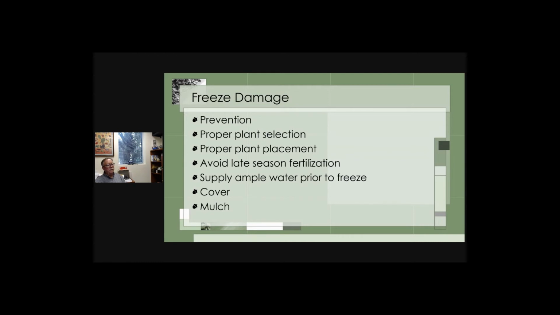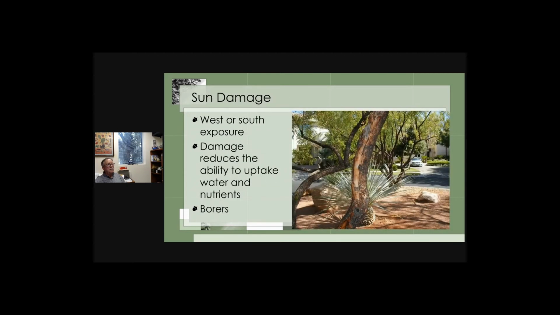We can cover plants or put mulches on to protect roots and trunks. So here's sun damage. This typically occurs in western or southern exposures. It reduces the ability of the trunk to take water and nutrients up, and also is an entry point for borers to occur.